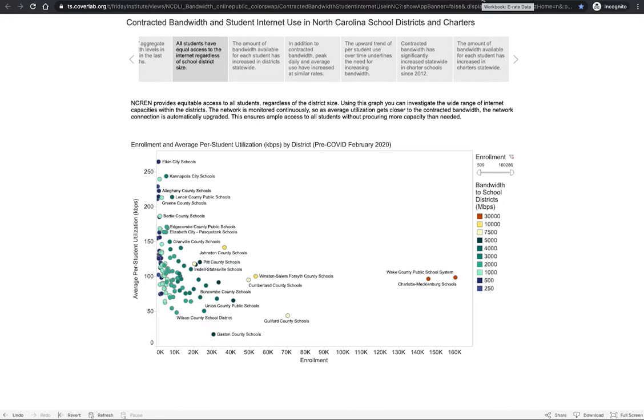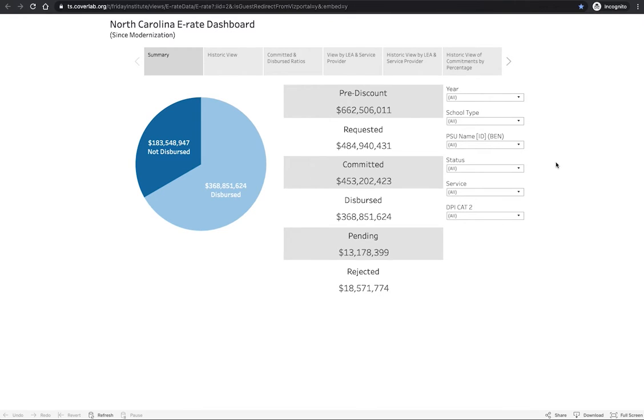One of the challenges with that data is that it's very hard to derive programmatically the speeds of the circuits. So we get good data on things like the service providers and the dollar amounts, but the actual speed of the circuit is not so easy to ascertain by programmatically going through the database.